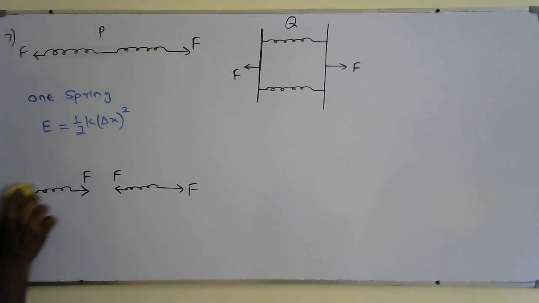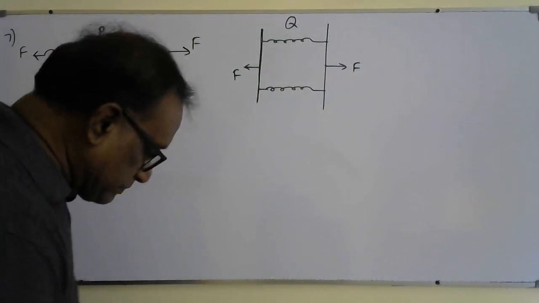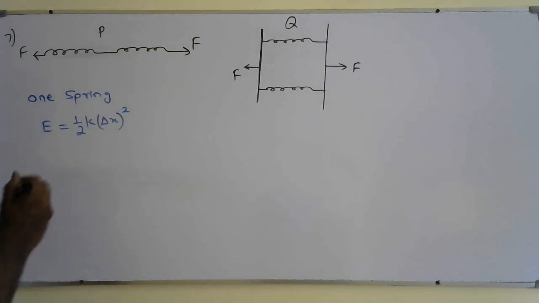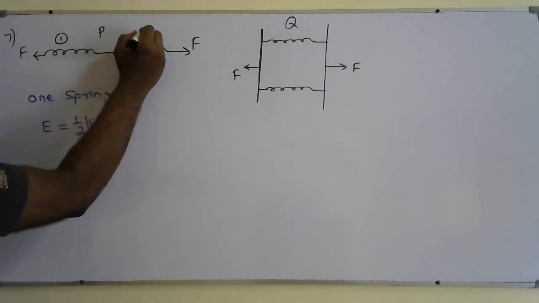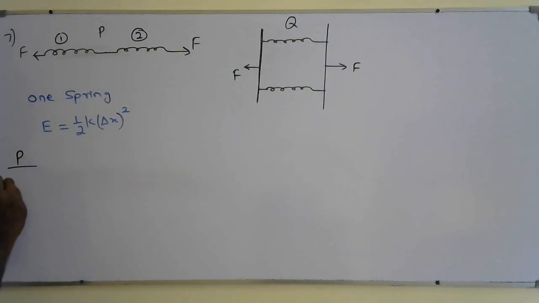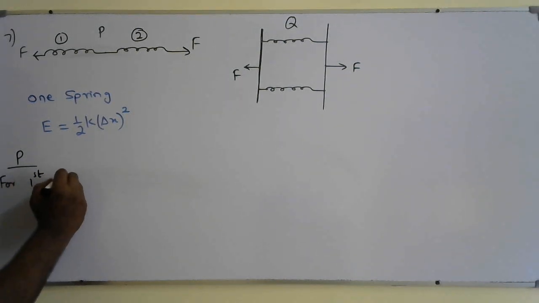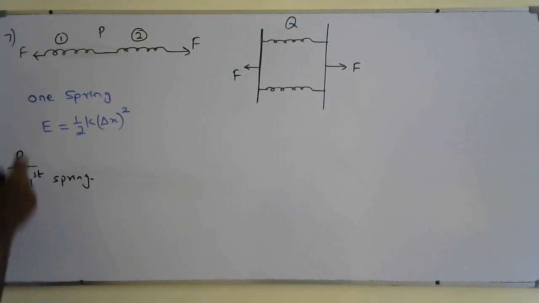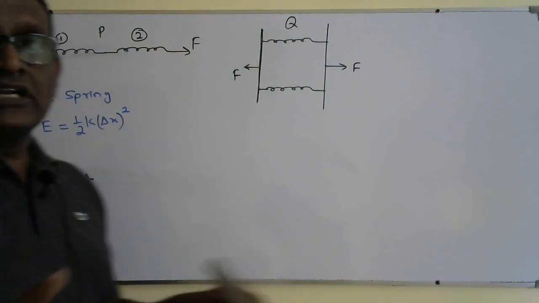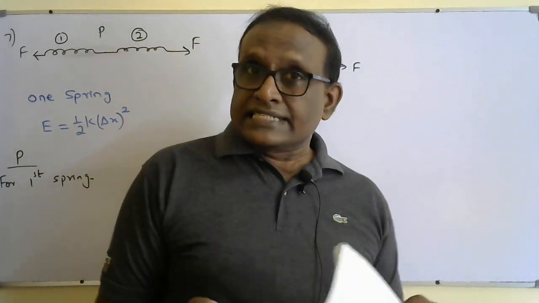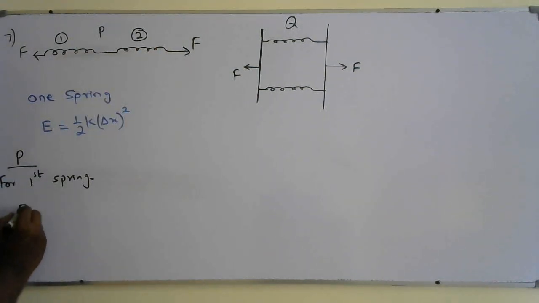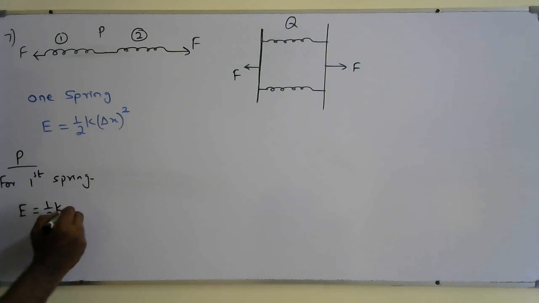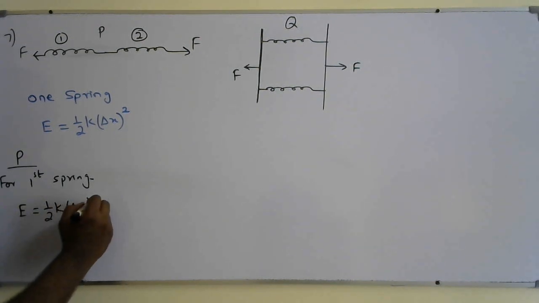So if I consider the energy stored on one of the springs, this is the first spring, this is the second spring. For the first spring under P, if I consider the extension, because the same force is acting, F equals K delta X, both will have the same extension, delta X. So the energy is going to be half K delta X squared for the first spring.